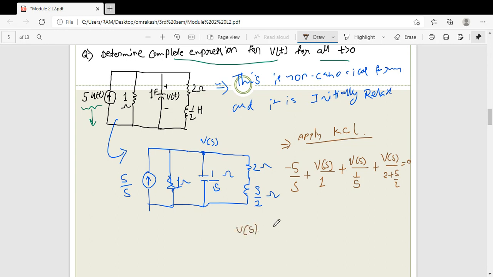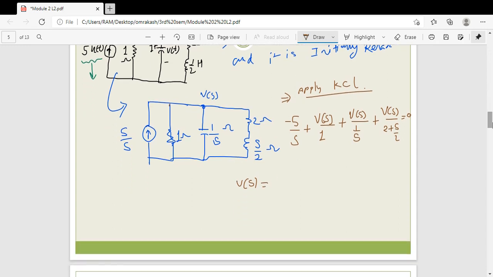Now solve this circuit and find the equation. When you solve it, you will get V of S equal to (5S plus 4) over S (S plus 3)(S plus 2).